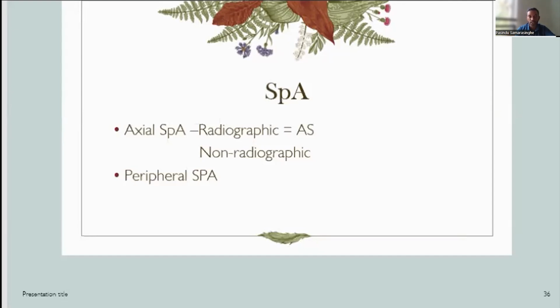And if there is more involvement of the other peripheral joints, it's called peripheral spondyloarthritis. So it's two groups mainly: axial spondyloarthritis, either radiographic, which is also called ankylosing spondylitis, and the non-radiographic axial spondyloarthritis, which is much more common and which is what we treat now. And then you have the peripheral arthritis.